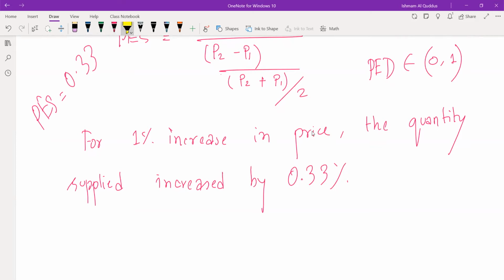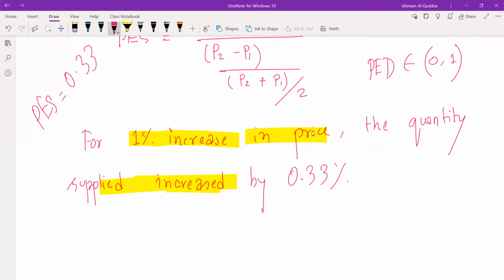Now, note that we wrote here 1% increase in price, the quantity supplied increased, because we know that by the law of supply, if there is an increase in price, the quantity supplied increases.